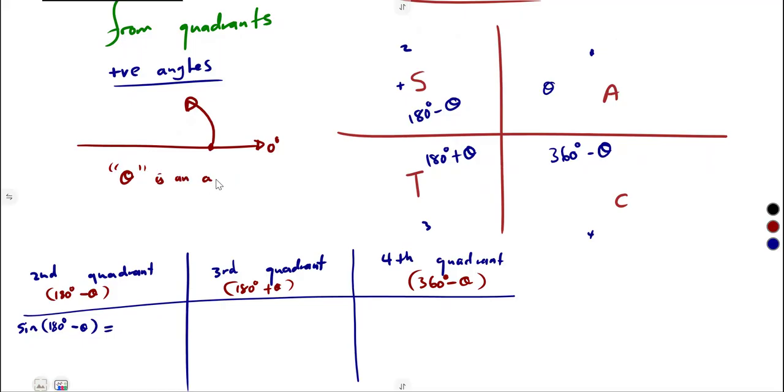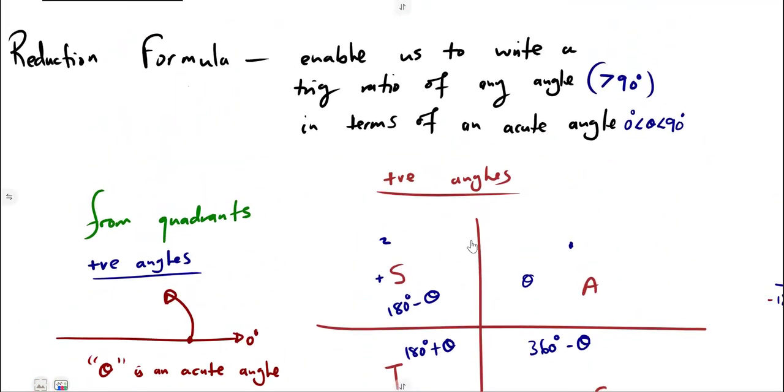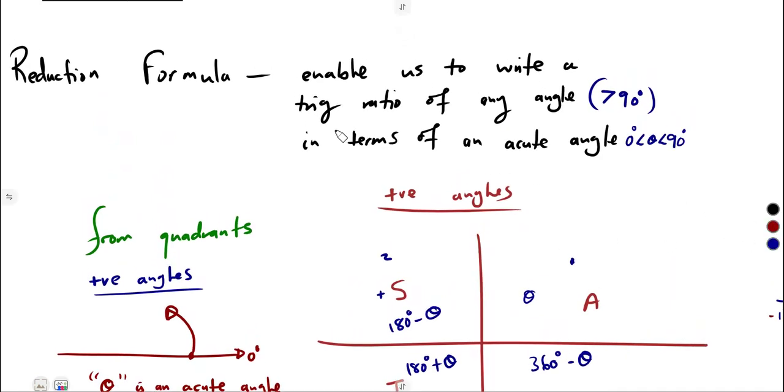Our major focus here is to enable us to write a trig ratio of any angle greater than 90, which is not acute, in terms of an acute angle, which is our theta.